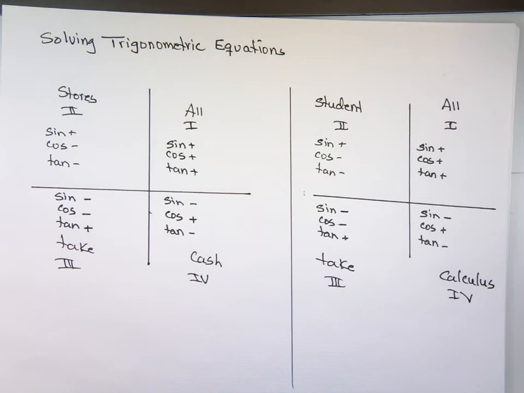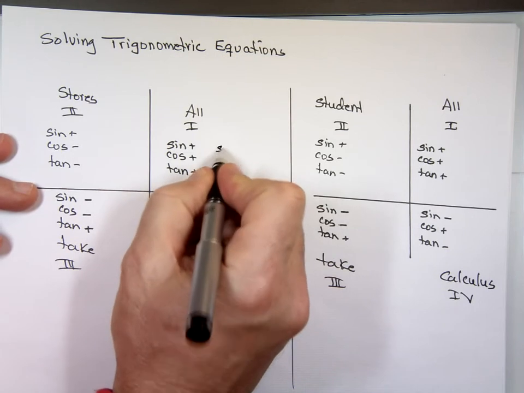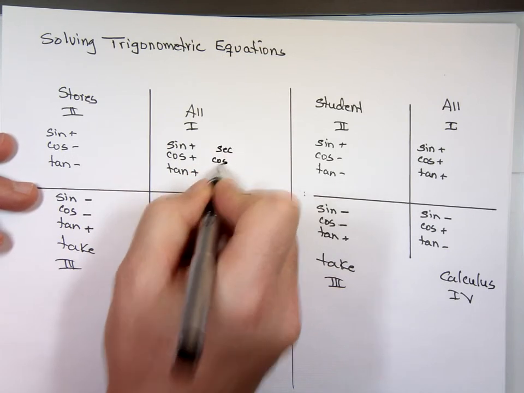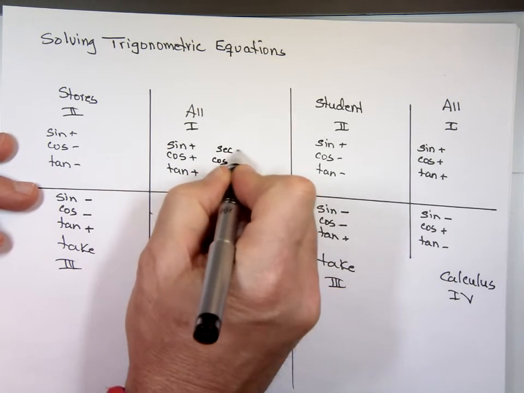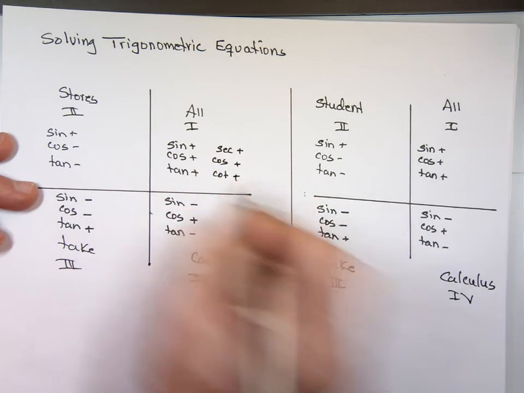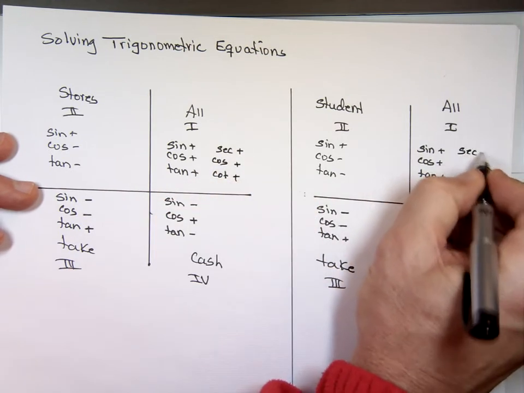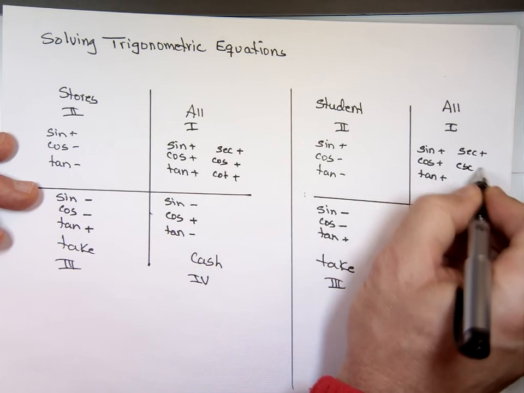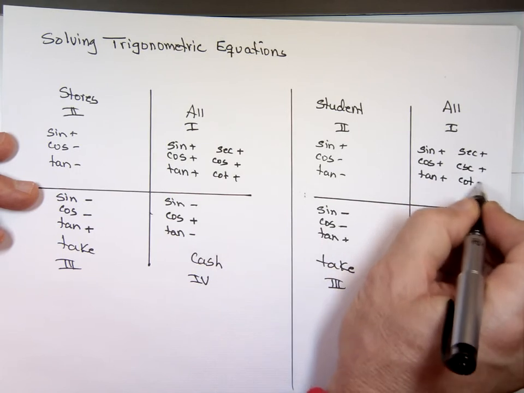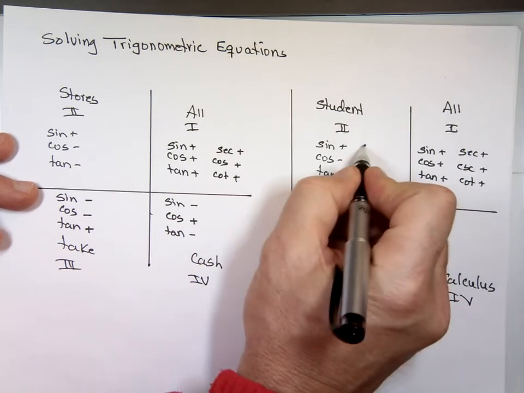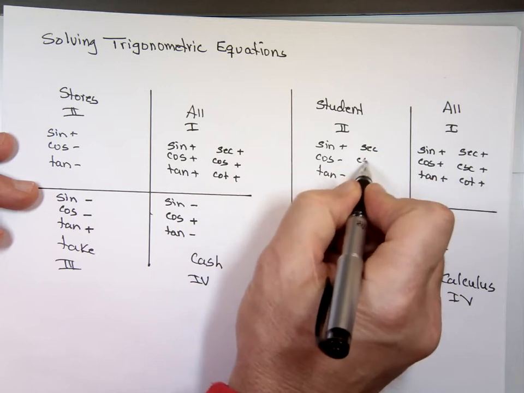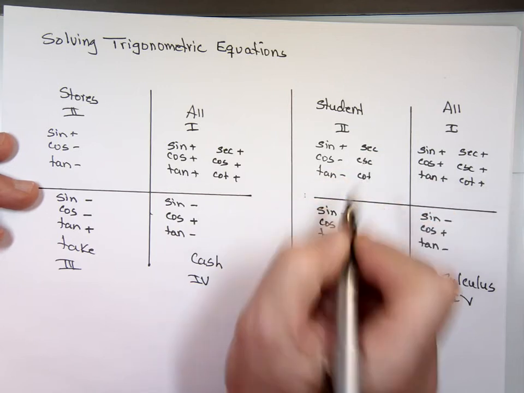Now, if you want to expand that to secant, cosecant, cotangent, go ahead. Positive, positive, positive. Secant, cosecant, cotangent.